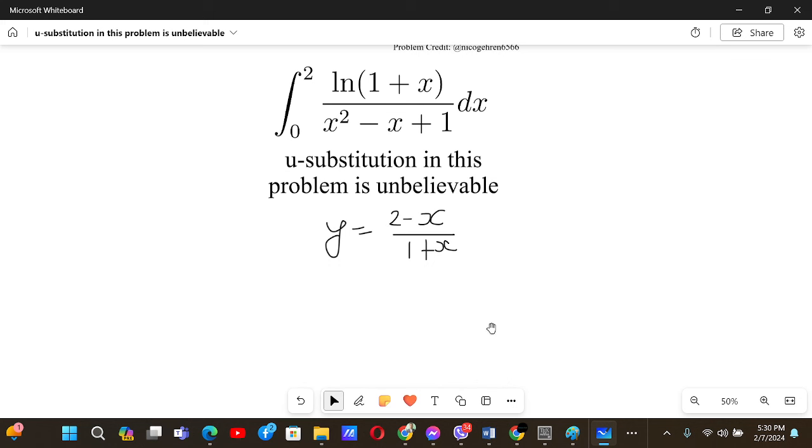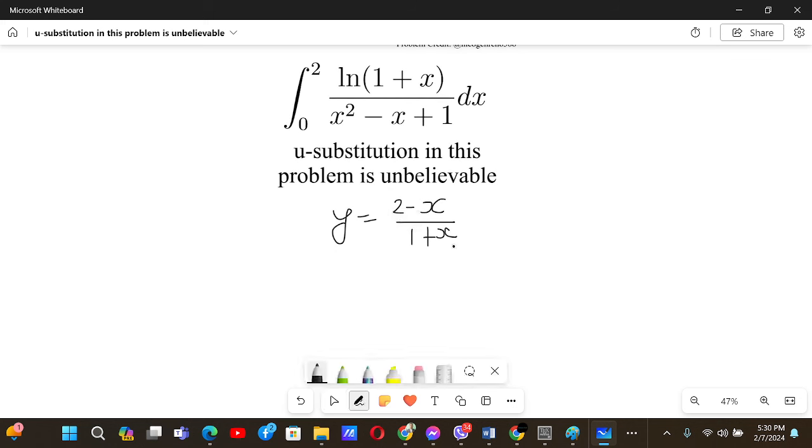So basically, if we have this, now let us try to take this function as x in terms of y, then we can take dx. For that we will just multiply: y plus yx is equal to 2 minus x.